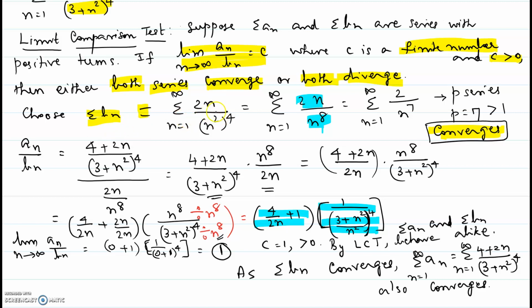Usually it is the dominant term over the numerator over the dominant term over the denominator. Then see the nature of that known series. It could be a p series, or it could sometimes be a geometric series. So say whether it is convergent or divergent, and then you establish the ratio and then allow n to approach infinity. And if the ratio is a finite positive number, then whatever the behavior of sigma bn is the same as the behavior of sigma an as well.